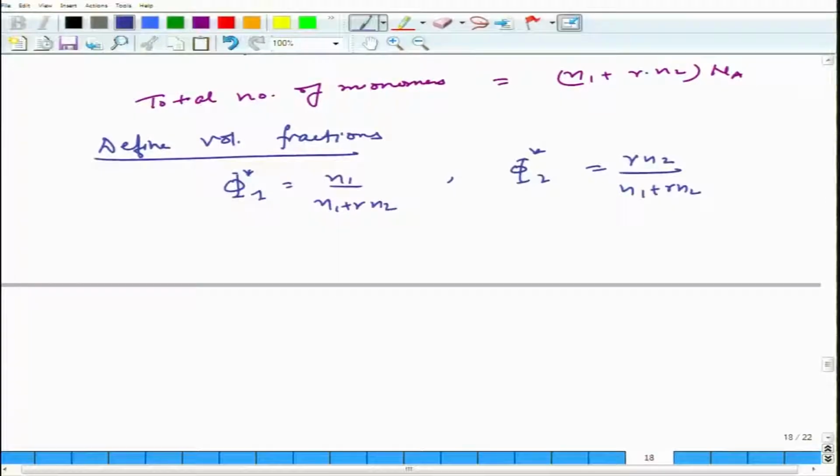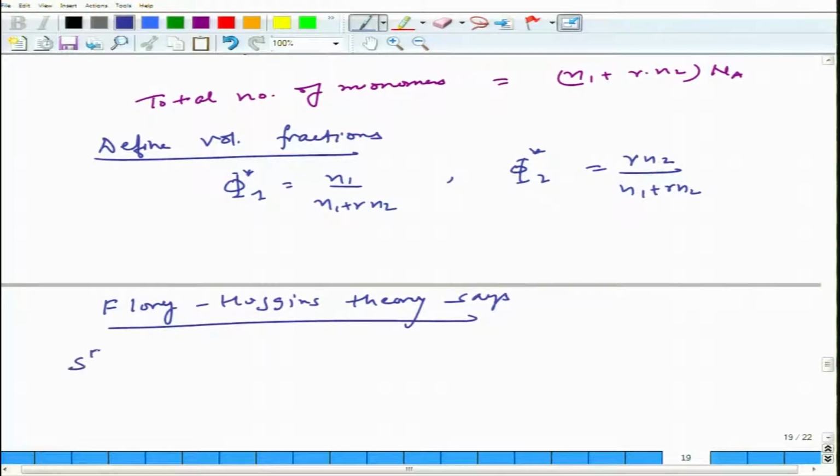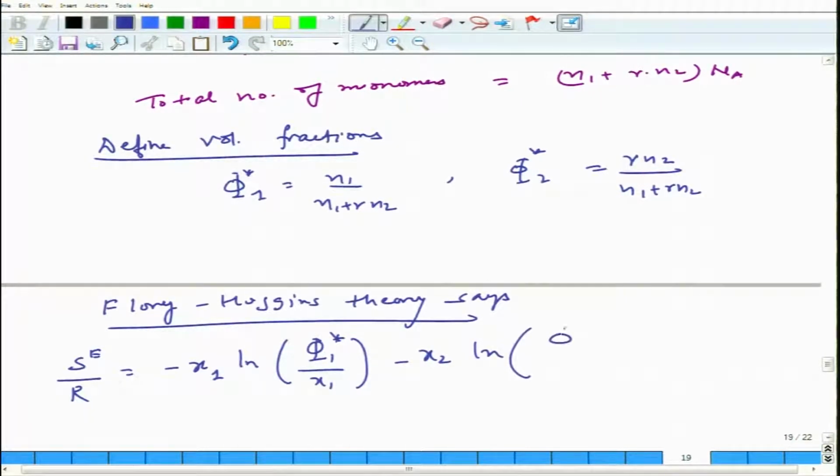Okay. So, now what does Flory-Huggins theory say? It says that S^E by R is basically nothing but minus x1 ln (phi 1 star divided by x1) minus x2 ln (phi 2 star divided by x2).